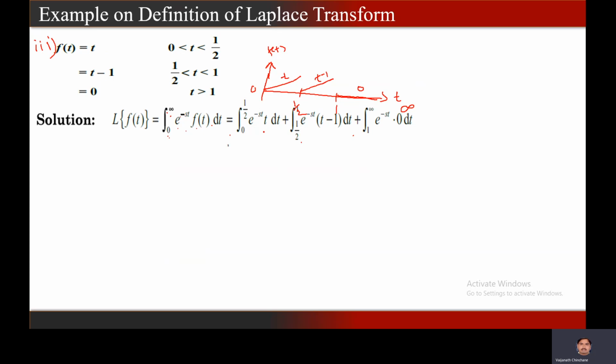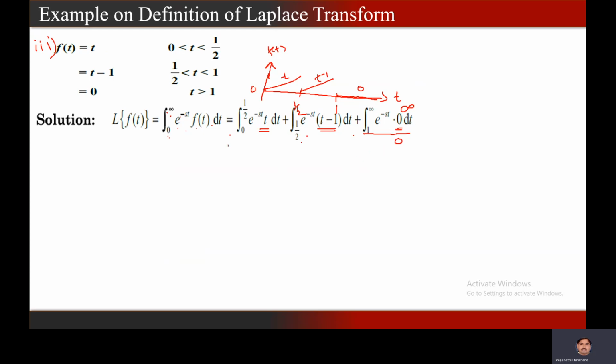When t lies between 0 and half, the value of f of t is t. When t lies between half and 1, the value is t minus 1, and when t is greater than 1, the value of the function is 0. Now 0 into something is 0, and the integration of 0 is 0, so the third integration is 0.